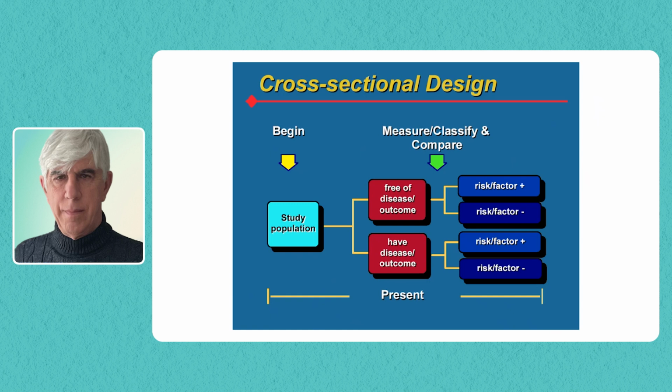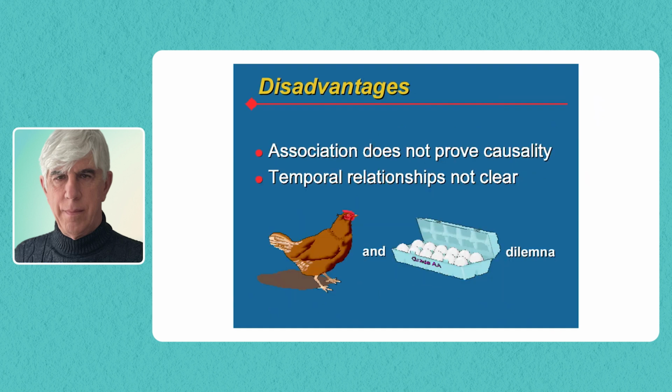But obviously there are problems. This is the study design, more or less: you have a study population, and at the same time you take the people with the disease or the outcome and the risk factor, and you link them together. The real problem is the temporality. You observe an association between the two conditions, but you are not sure that one is responsible for the other.